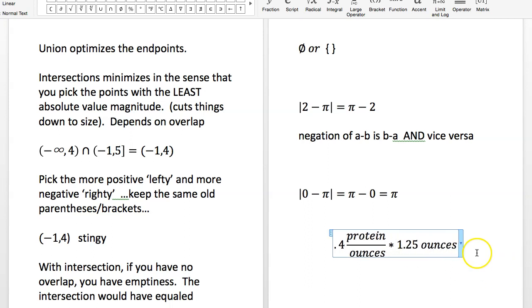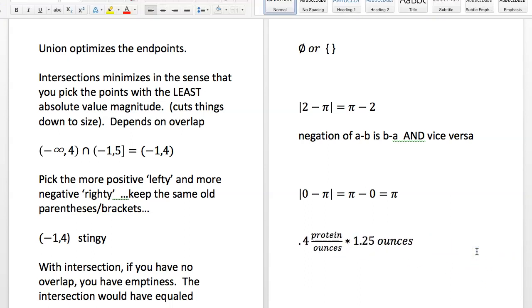Sorry. This problem was kind of worded weird, and I'll be honest, I had to wrap my head around this one. And then the ounces cancel each other out. 0.4 times 1.25 is 0.5, plus 0.5.